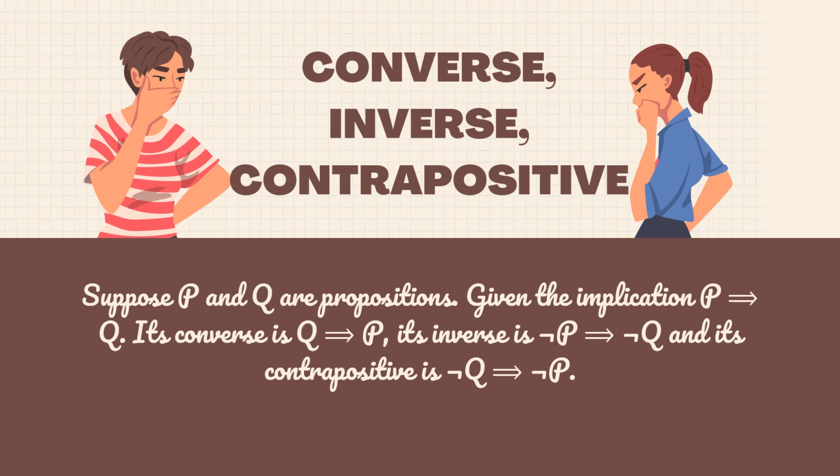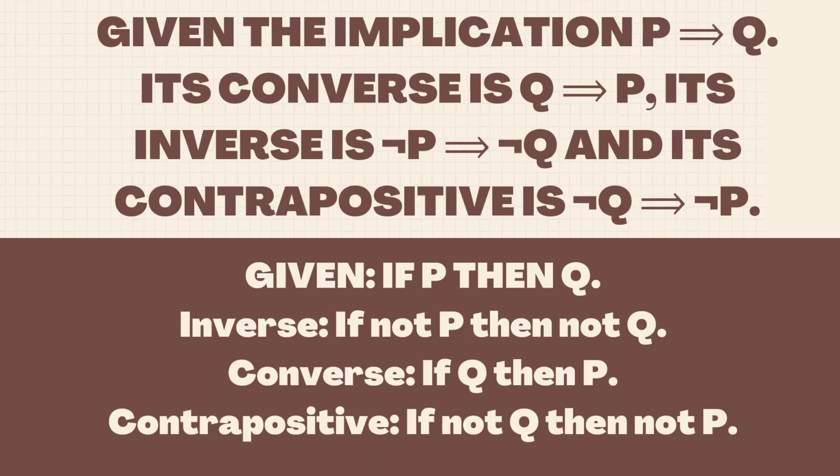Given the implication if P then Q, its converse is if Q then P. Its inverse is if not P then not Q. And its contrapositive is if not Q then not P. So given the implication if P then Q, the inverse is if not P, then not Q. The converse, if Q, then P, is parang binaliktad lang tong given.